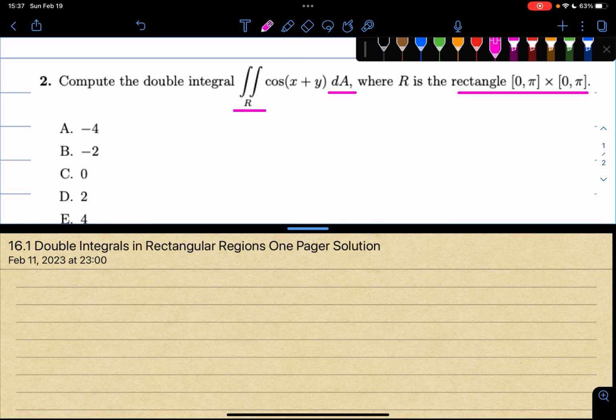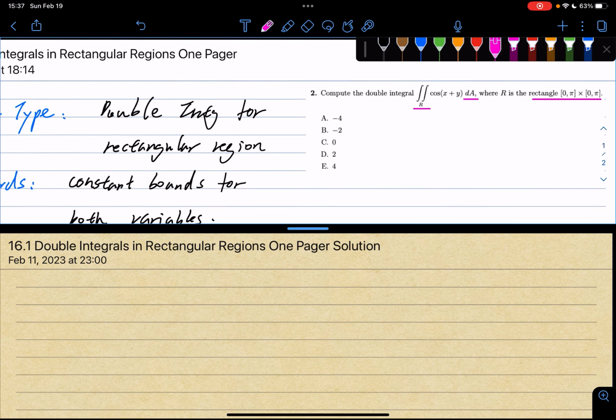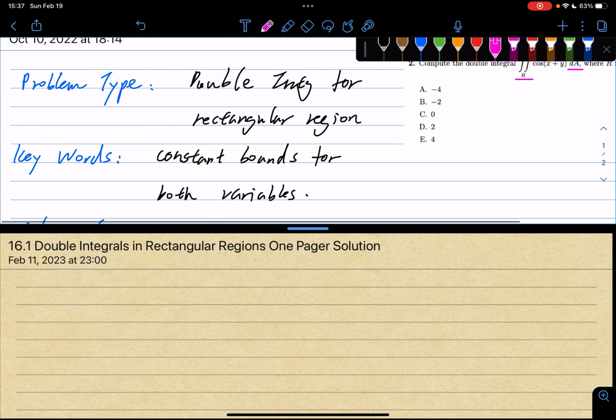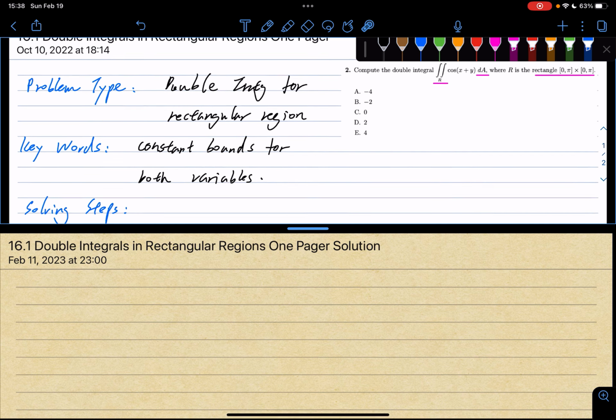These are the key words that tell us this is the double integral for rectangular region problem. And I've written down what we have discussed before: constant bounds for both variables.